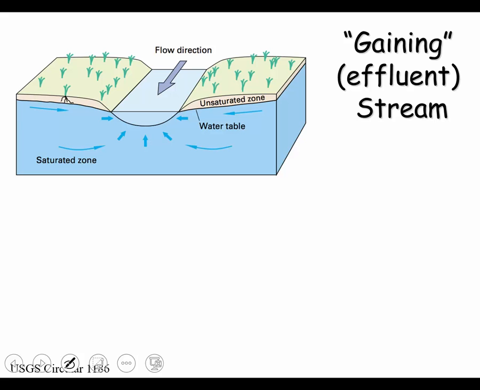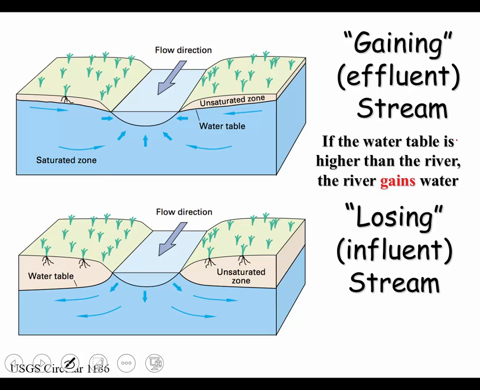Okay, so here's that case where the water table adjacent to the river is higher than the river, so it is a gaining river. It gains water, or is effluent. And then if the water table is lower than the river, the river is actually the recharge zone, and so it is a losing river. It loses water as it sinks into the ground.